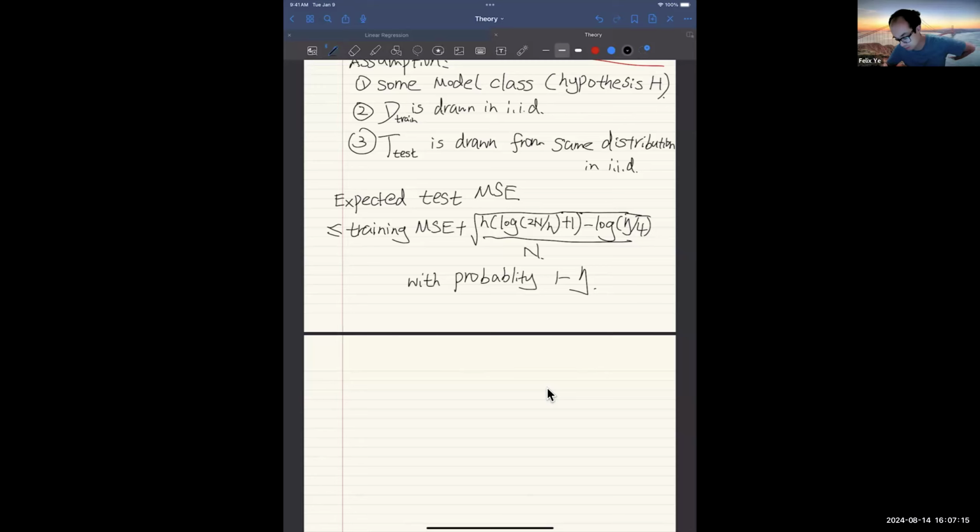You can choose eta to be very small, like 0.01, and we have such a bound.